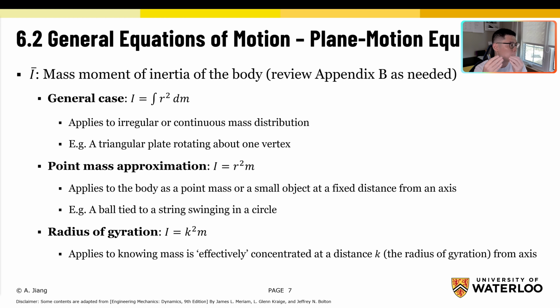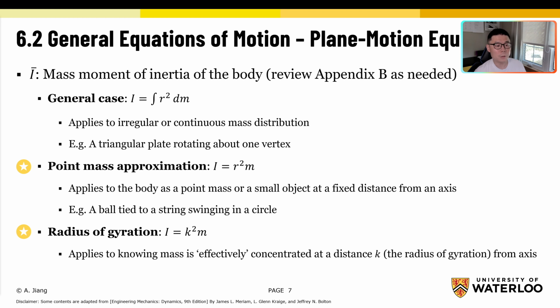It's very similar to the point mass approximation. One is r squared, one is k squared, and this k is called the radius of gyration. In questions, when you see that the radius of gyration is given, then you know you'll be using I equals k squared times m to calculate I.